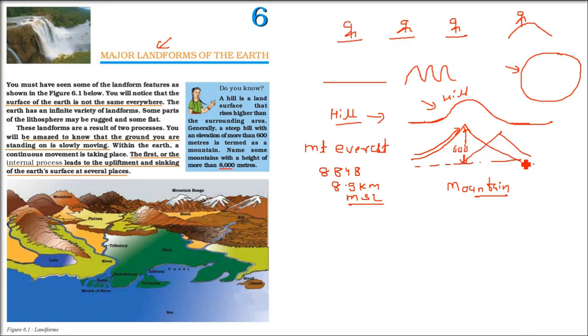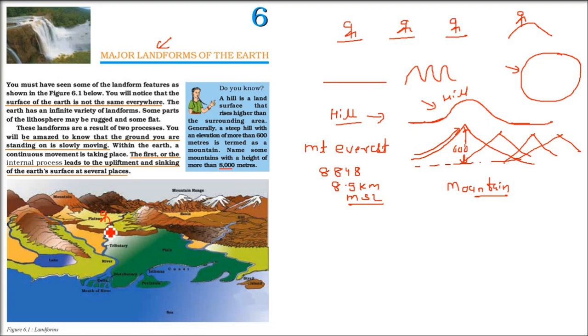And if we have a number of mountains spread over kilometers, we call them a mountain range. There's one more interesting thing here: when you are standing somewhere, you see that everything is static, but it's not like that.